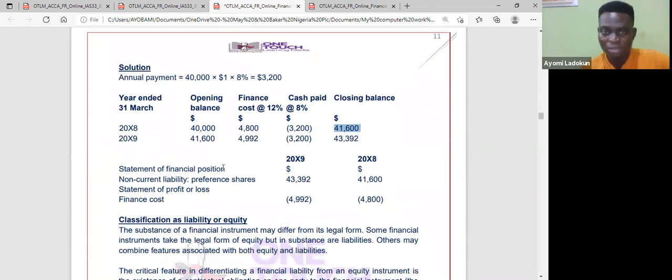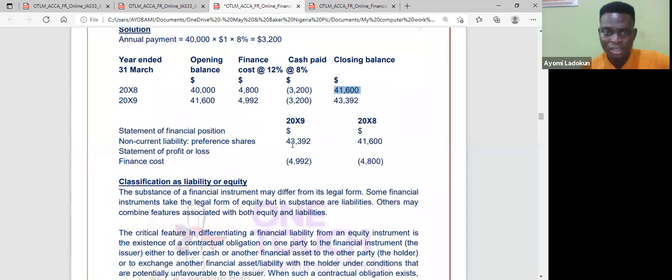So how do you now represent it in your account? In 20x8, which is year 1, I will represent this 461 as a non-current liability. Is that okay? Then this in 2019 is also a non-current liability.